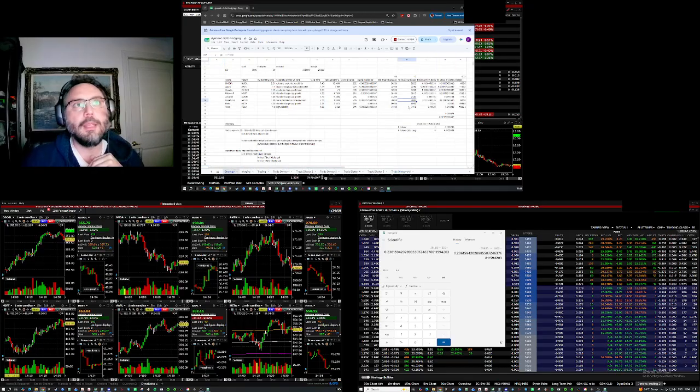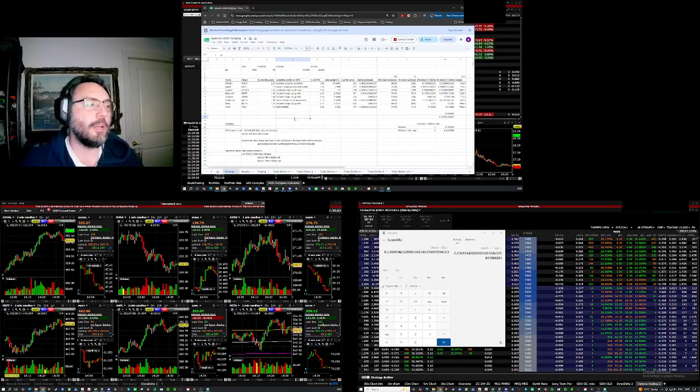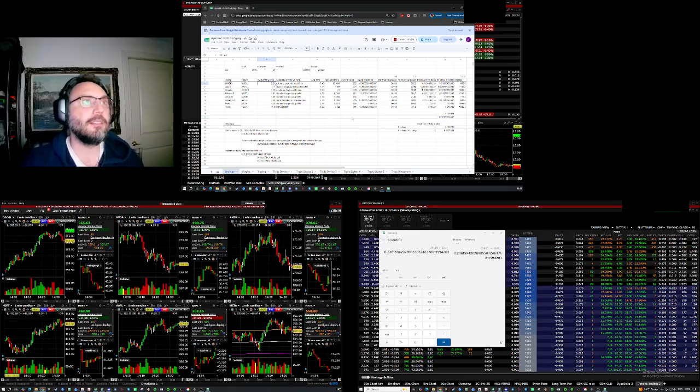Now here, when we did our beta weighted calculation, if any of you recall, here are the beta weights. I literally just pulled them from a Gemini prompt because I was too lazy to do the regression analysis myself. So this is 5-year monthly beta.